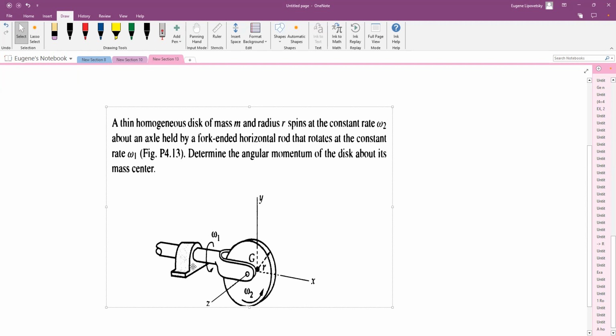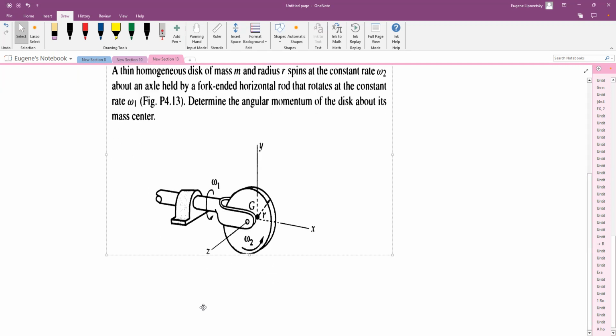So the rod rotates about the x-axis, this one rotates about the z-axis. Determine the angular momentum of the disk about its mass center. That's too easy of a problem, right? Okay. Find the H G of the disk.